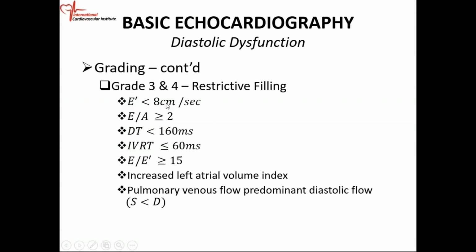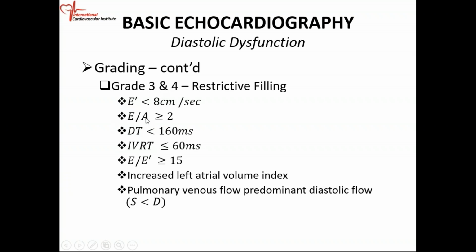If your E prime is less than 7 or 8 centimeters per second, you need to look at nothing else. That's grade 3 diastolic dysfunction, and we say that these patients have a restrictive filling pattern. Okay, there's a problem now with compliance. The heart is non-compliant. So it's grade 3 diastolic dysfunction.